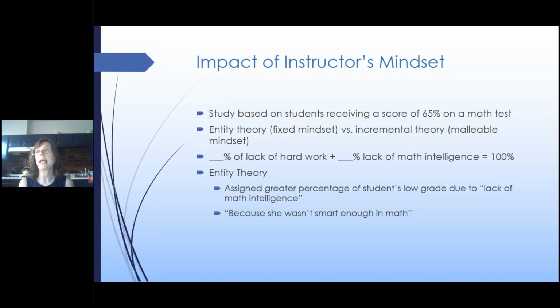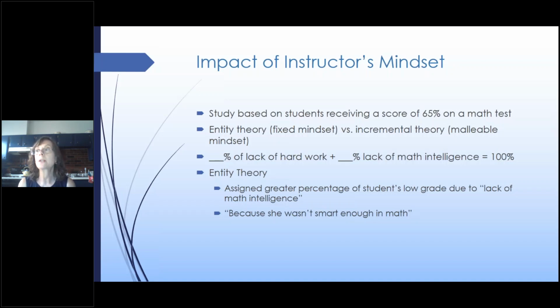The study looked at the effect of the instructor's fixed mindset, which is the belief that people cannot develop their abilities and intelligence, versus those who had a growth mindset, which is the understanding that abilities and intelligence can be developed.